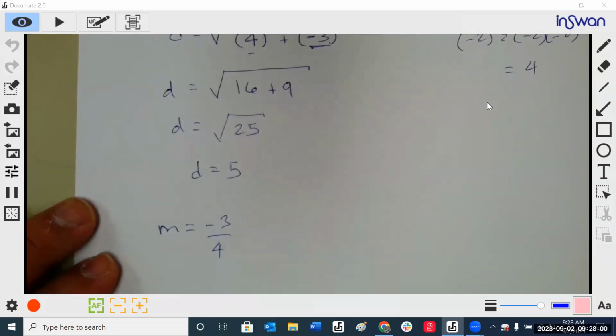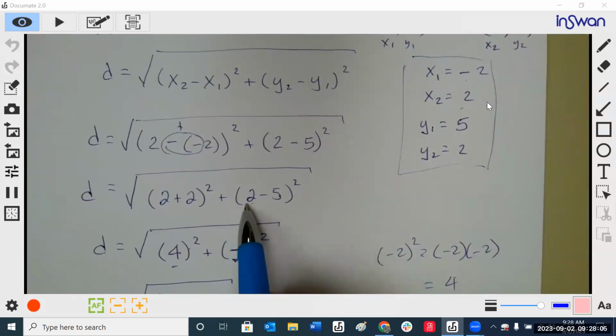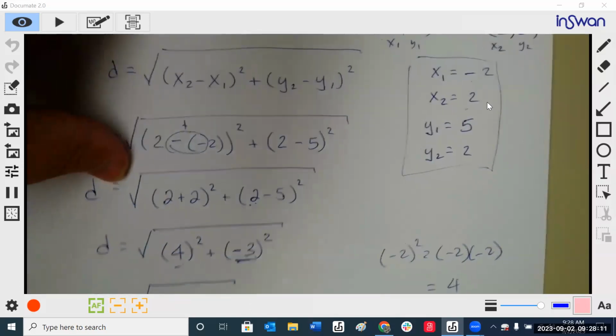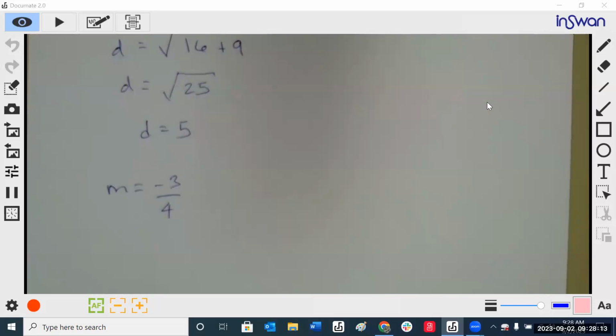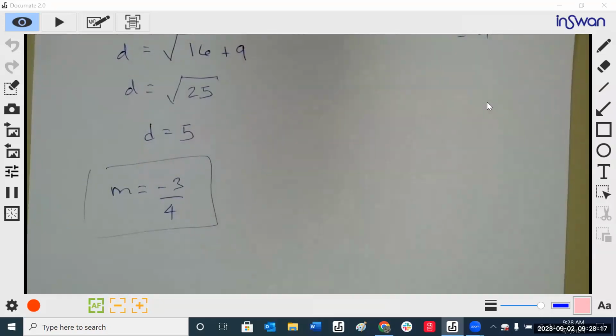Very good. Because that's what we found inside here. This is x2 minus x1, which is -3. y2 minus y1. This is x2. So it's -3/4. Everybody okay with that?